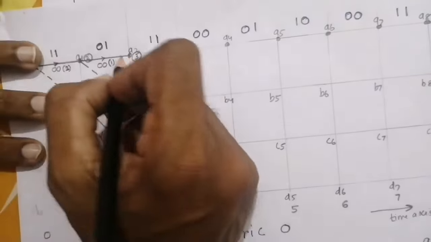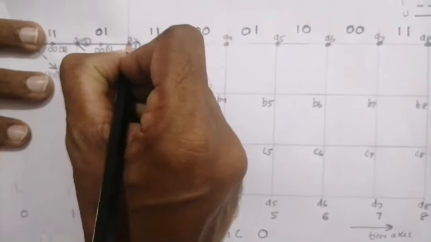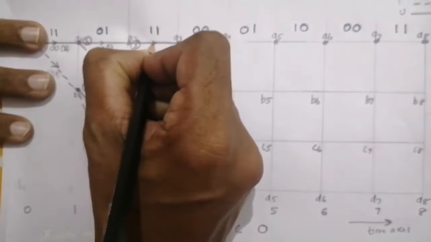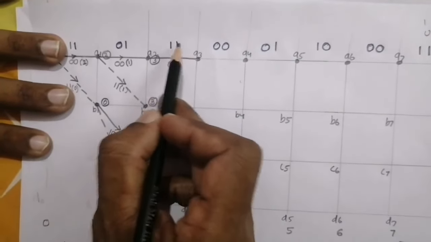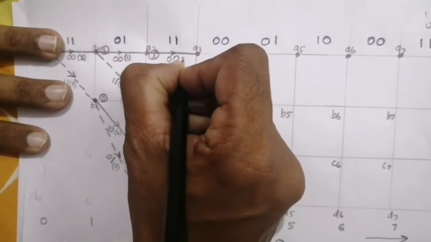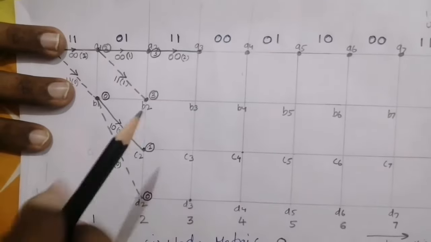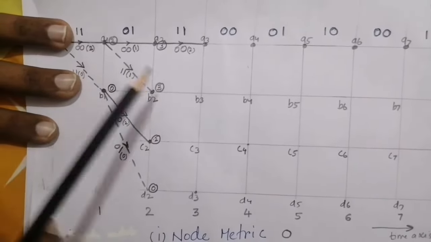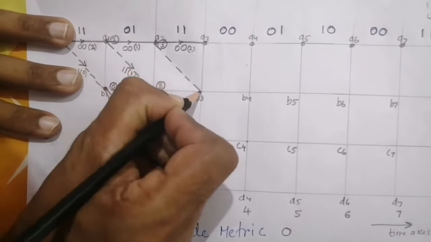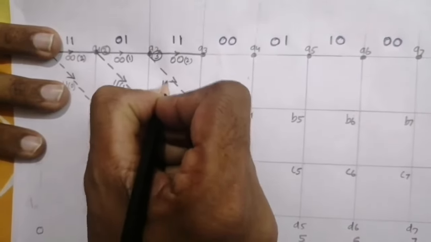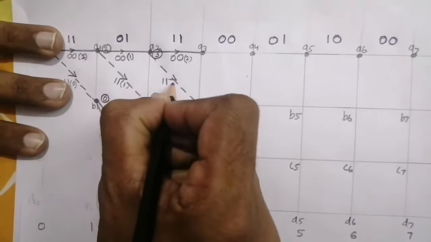Now from A2, if 0 comes, the output is 0 0, and the discrepancy between this path sequence and the received sequence is 2. Now if 1 comes, it will go to B3. The output is 1 1. The discrepancy is 0.